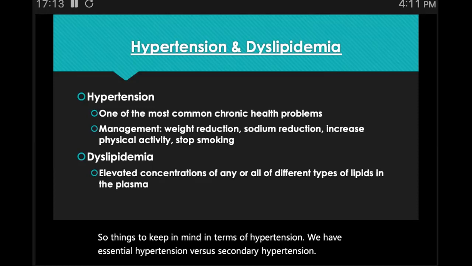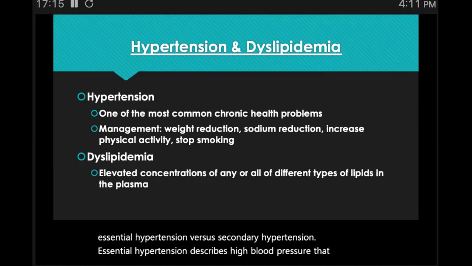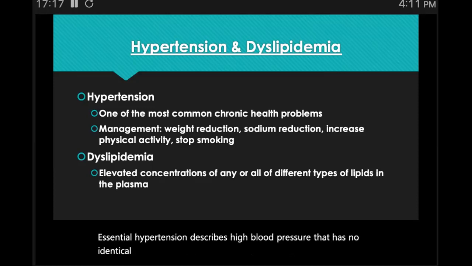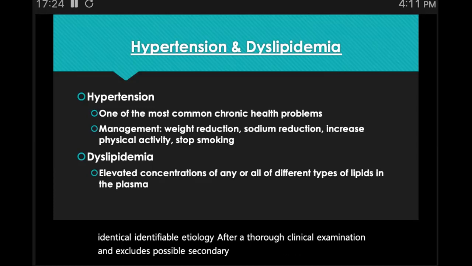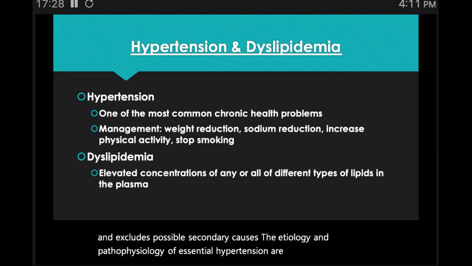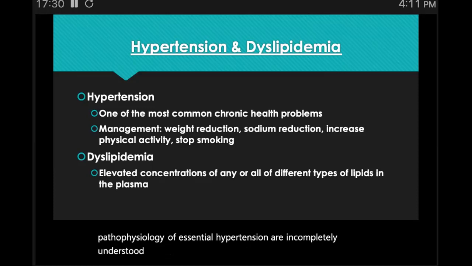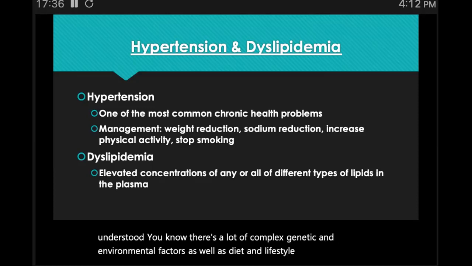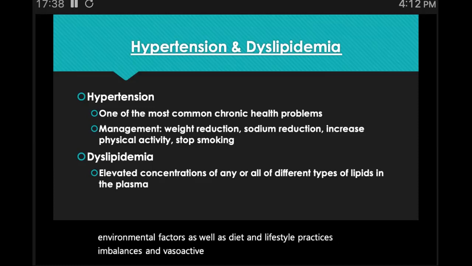Essential hypertension describes high blood pressure that has no identifiable etiology after a thorough clinical examination and excludes possible secondary causes. The etiology and pathophysiology of essential hypertension are incompletely understood. There are a lot of complex genetic and environmental factors, as well as diet and lifestyle practices, and imbalances in vasoactive substances.